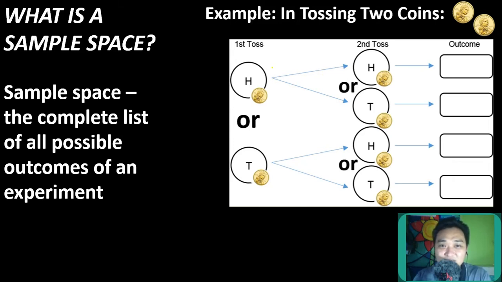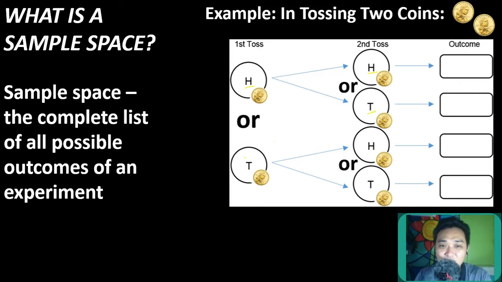pangalawang coin. So say for instance, ang lumabas sa first coin is head. On the second toss, it's either ang lalabas is head or ang lalabas is tail. So, it's either sa first toss natin, head, tapos sa second toss natin, head, or pwede ring tail.